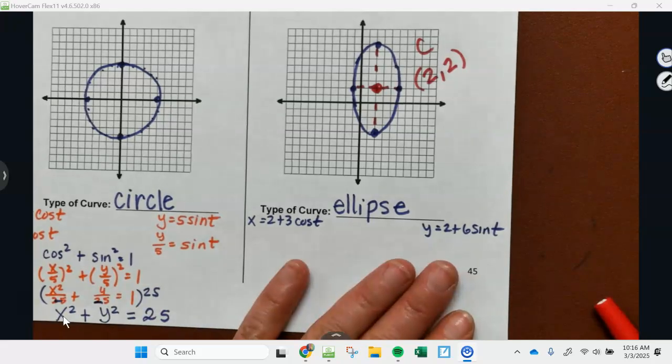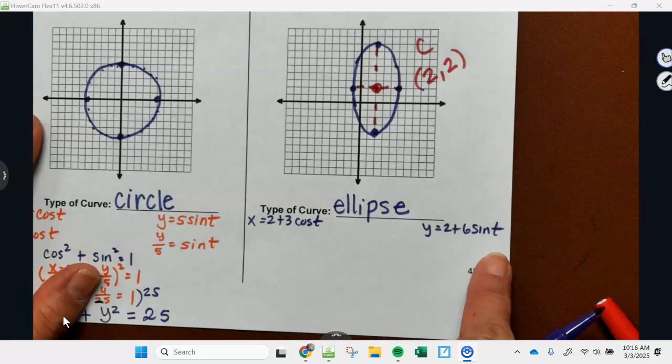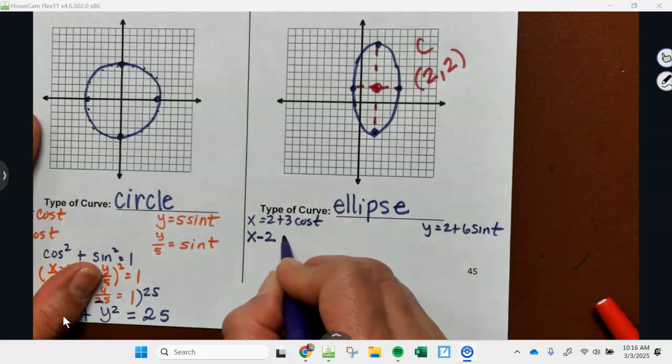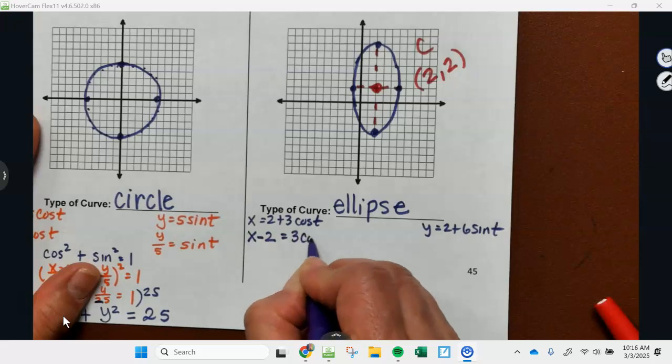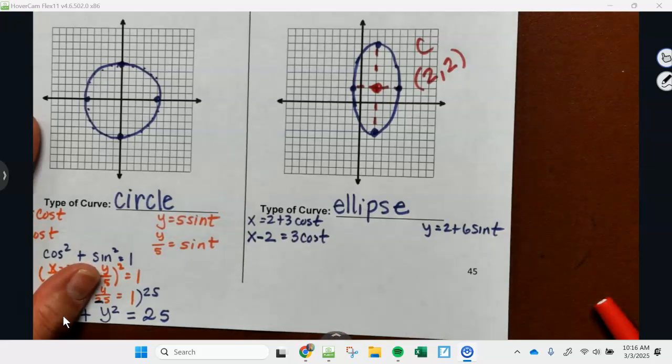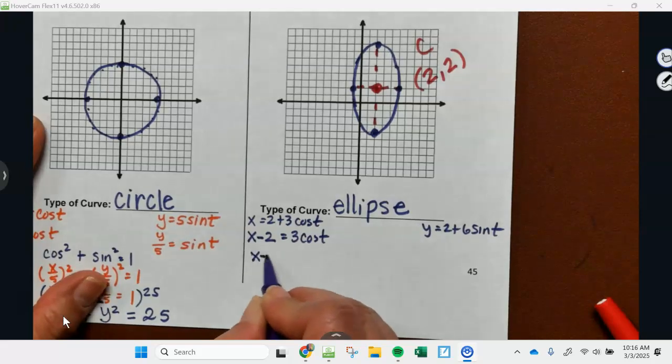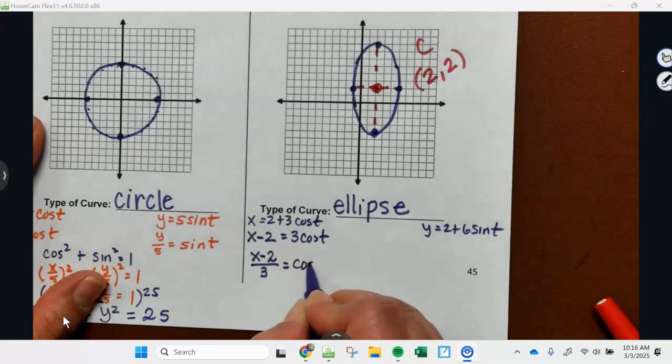So we are going to solve for cosine t and sine t. We're going to move the 2 over, so it's going to be x minus 2 equals 3 cosine t, and then of course divide both sides by 3. So x minus 2 divided by 3 is cosine t.